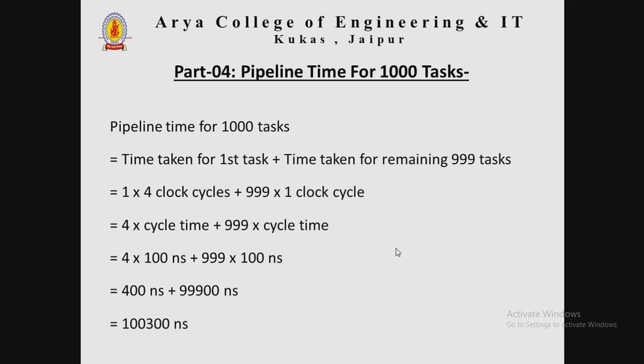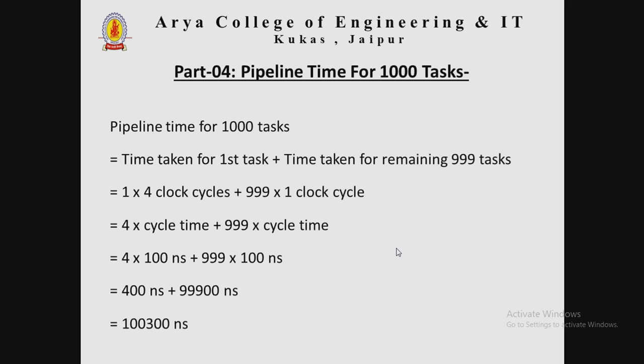Moving to the next part, calculating the pipeline time for 1000 tasks. It equals the time taken for the first task plus the time taken for the remaining 999 tasks. So the value is 1 into 4 clock cycles plus 999 into 1 clock cycle. So 4 into cycle time plus 999 into cycle time.